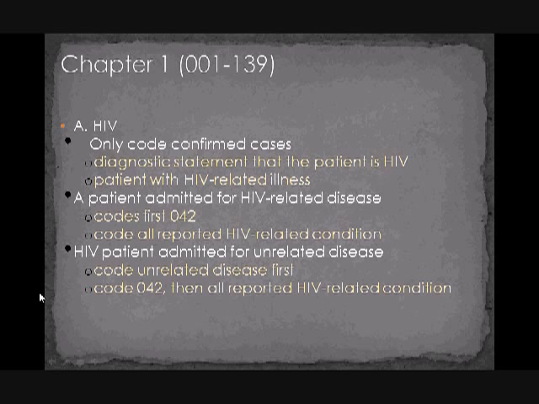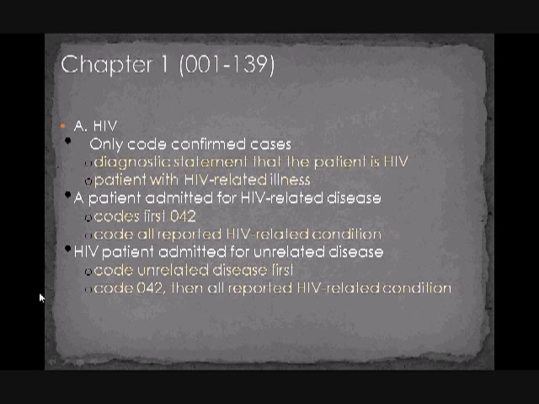Alright, so the big item in chapter 1, obviously chapter 1 is the infectious and parasitic diseases. One of the first items that you have to know about is HIV. The most important item is you cannot code HIV unless it has been confirmed.